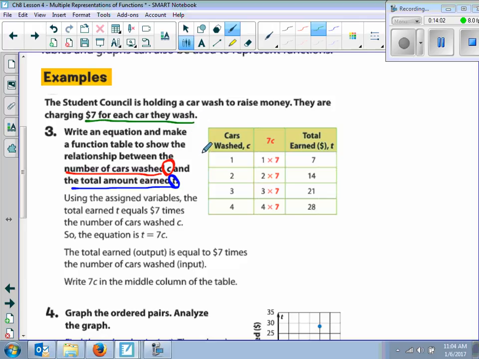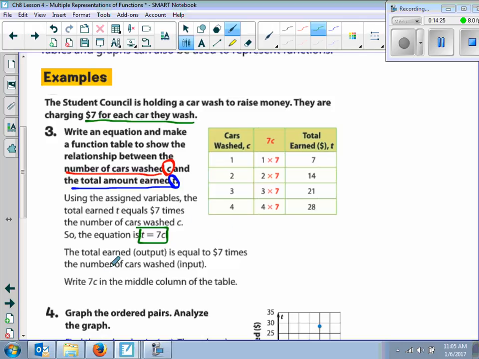And that's going to give us the total. Okay? So, the equation is T, total, is equal to $7 times the number of cars they washed. So, T is equal to 7C. Is everybody clear how we got the equation?